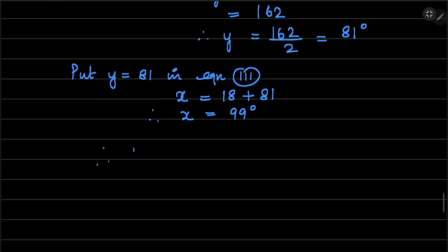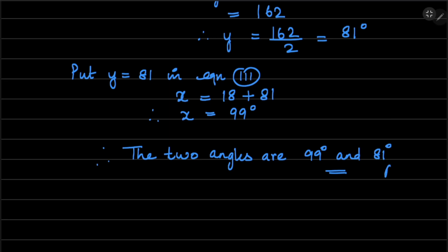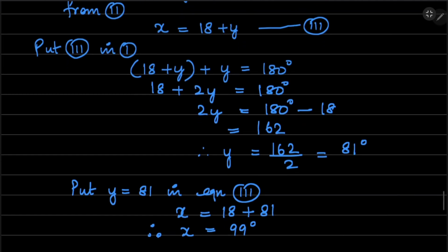So therefore you can write, the two angles are 99 degrees and 81 degrees respectively. This is your final answer. Always make sure you write the final answer and not just leave it with respect to x and y.